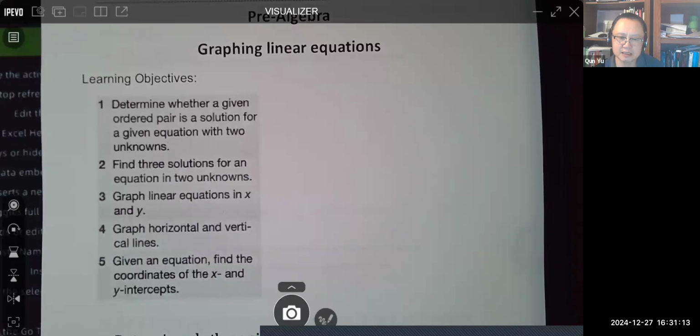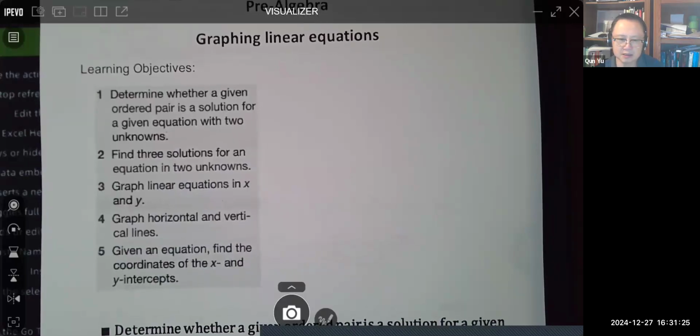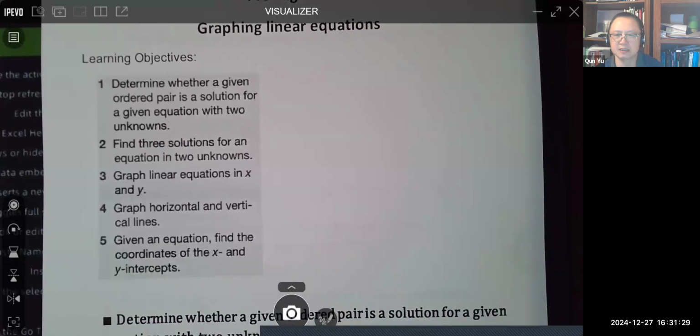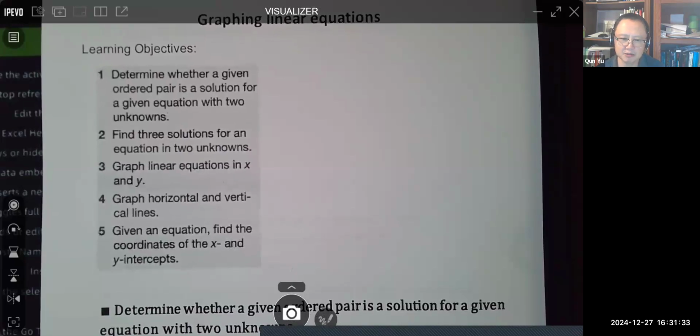And then in the third goal, we are going to graph that linear equation in the XY coordinate system, 2 unknowns. And then learning objective number 4 is a special case of linear equation. We have horizontal lines and vertical lines.